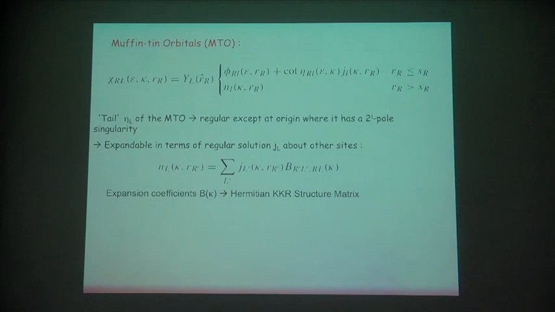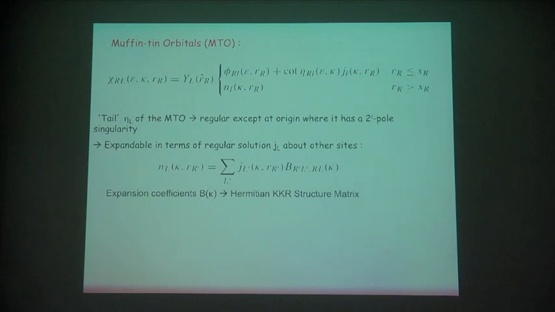And the beauty is that if you go and see Morse and Feshbach, you can easily find out how it is possible to expand the irregular part in terms of the J_L, the Bessel function, and these so-called expansion coefficients are what is known as the structure matrix.